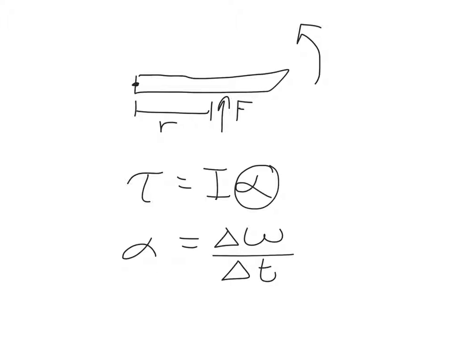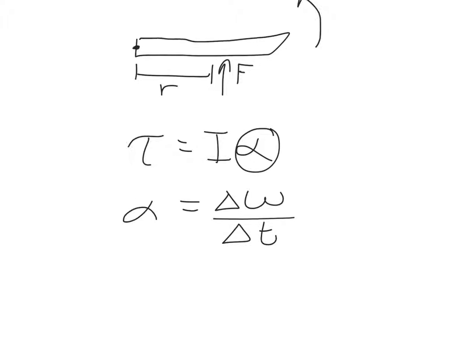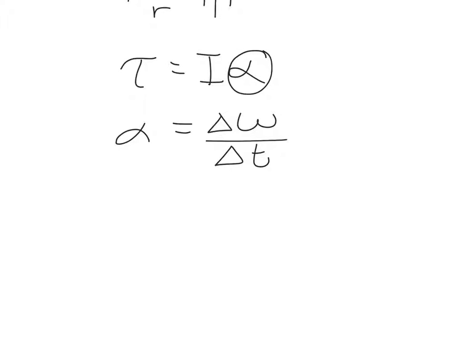So if I stick that back into the torque equation, I'm going to get this. Torque will be equal to the moment of inertia of the object times the change in its velocity divided by the time interval. And now I'm just going to multiply by delta t on both sides.